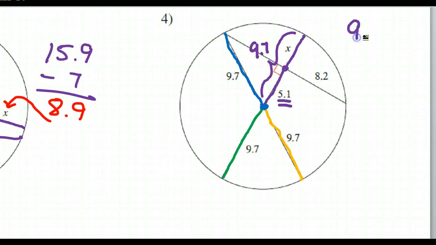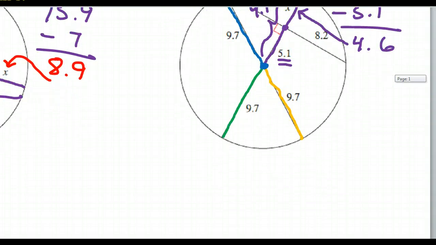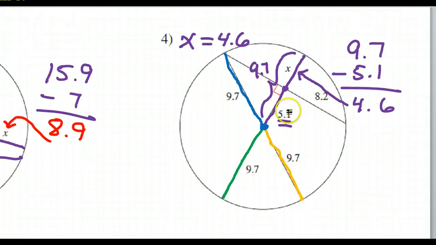So again, if I take the whole thing, the 9.7, and I subtract the 5.1, okay, then that's going to leave me with 4.6. So that should be the part that's left over, the x. So x should equal 4.6.